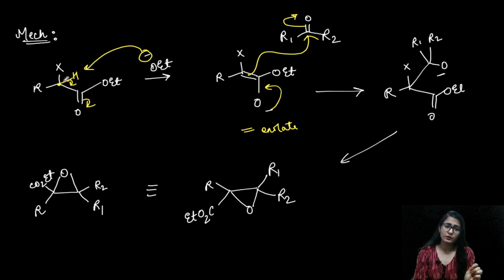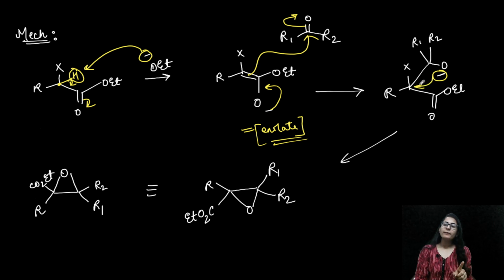The proton has to be taken up, which is the alpha proton to the ester and to the halogen. This is a one-sided condensation, one-sided enolate is going to form, and further this is what you are going to get. This is our anion, negative charge on the oxygen. It is again going to fall back on the same carbon where there is a good leaving group.